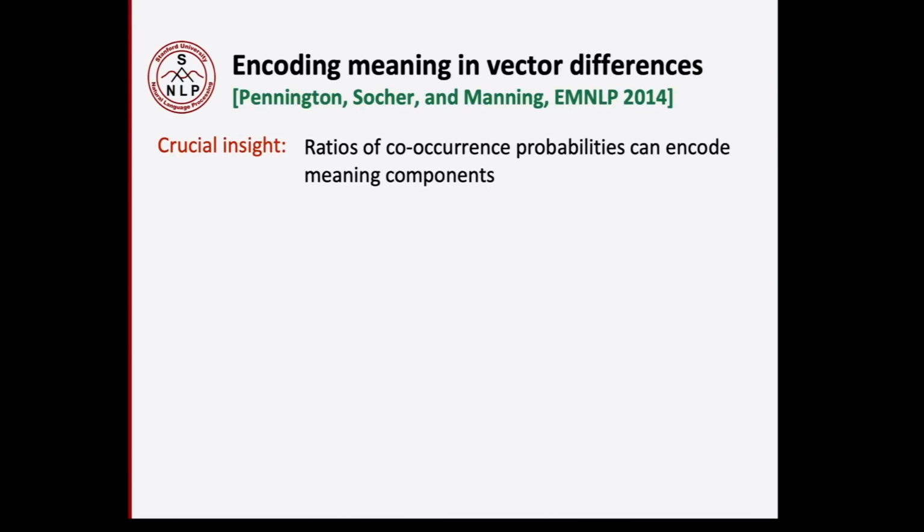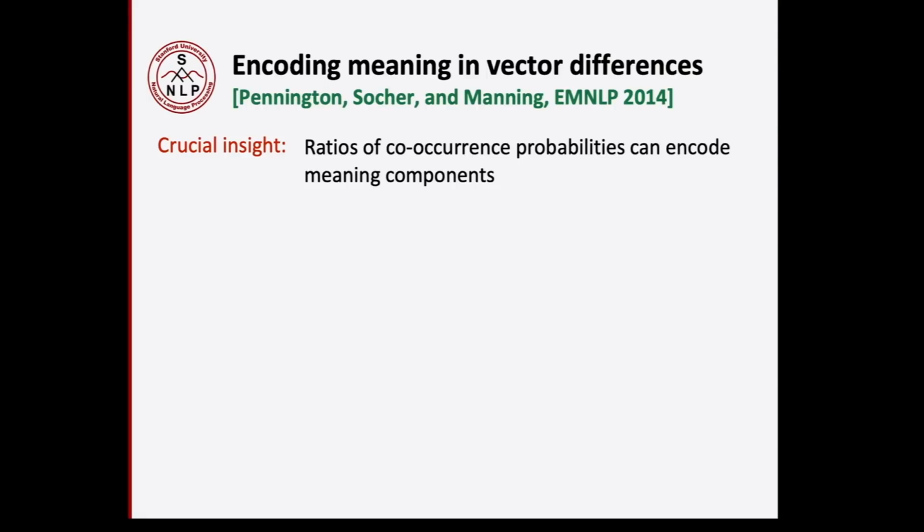So this sort of led into this work that Jeffrey Pennington, Richard Socher and I did of, can we combine these ideas and have some of the goodness of the neural net methods while trying to do things with some kind of count matrix.